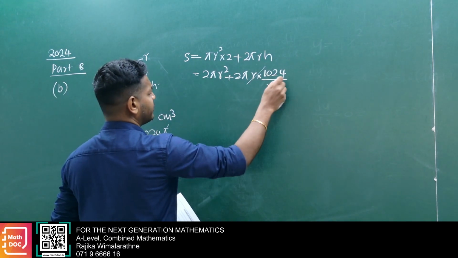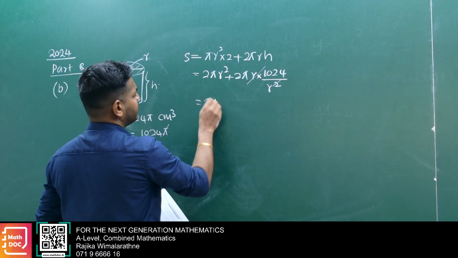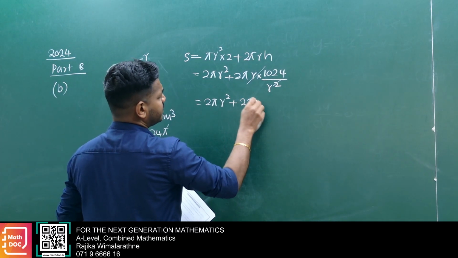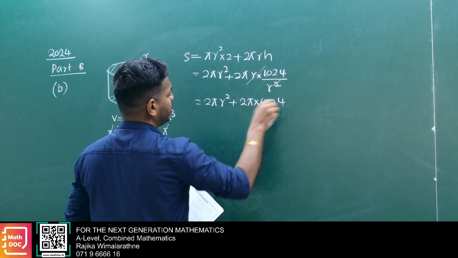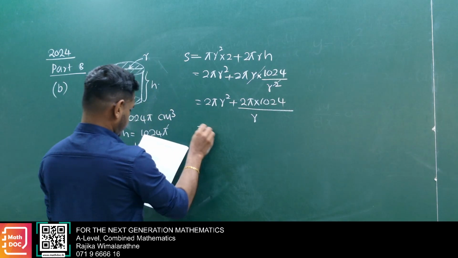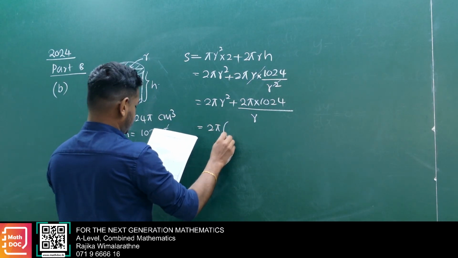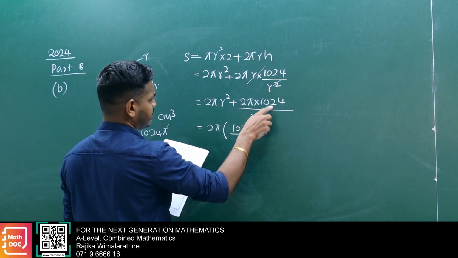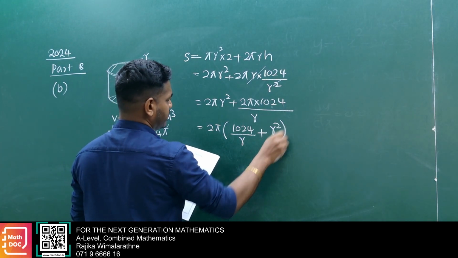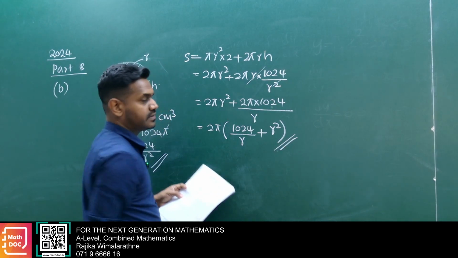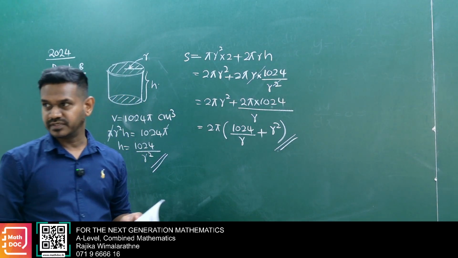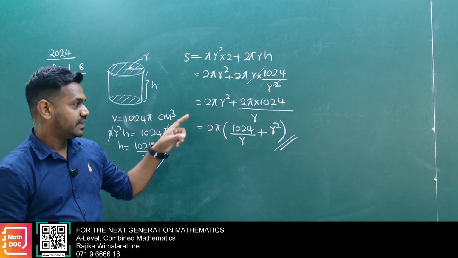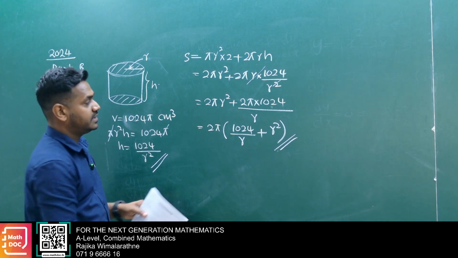Then cancel r: 2 pi r squared plus 2 pi times 1024 over r. Then take 2 pi outside: 1024 divided by r plus r squared. The radius r is positive.